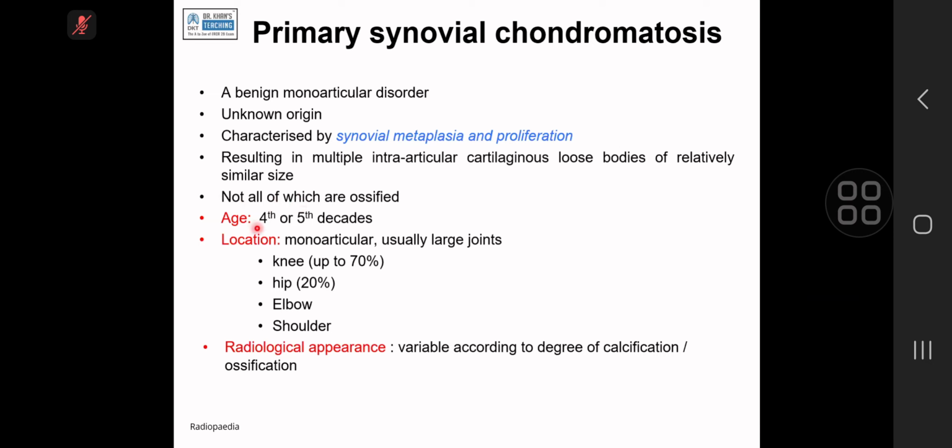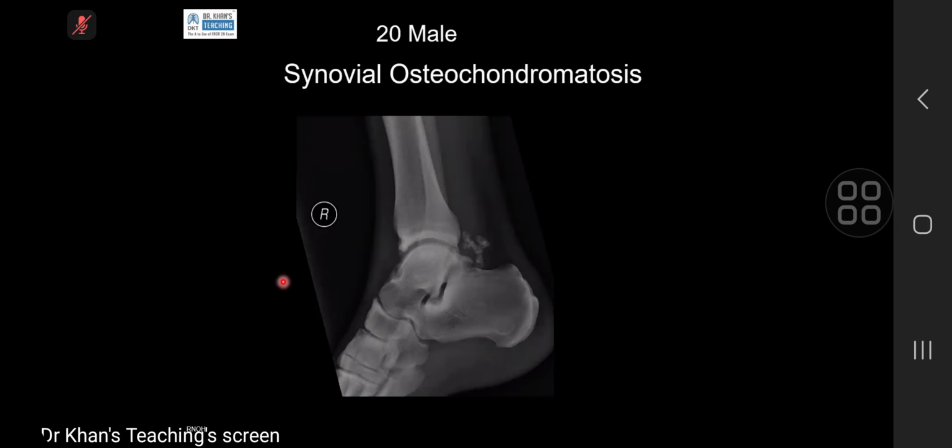Age is usually the 4th to 5th decade. Of the joints, knee is most common, 70%, hip 20%, but elbow and shoulder are other joints. Radiological appearance is variable according to degree of calcification. When loose bodies occur, they produce mechanical problems, and usually there will be secondary osteoarthritis.